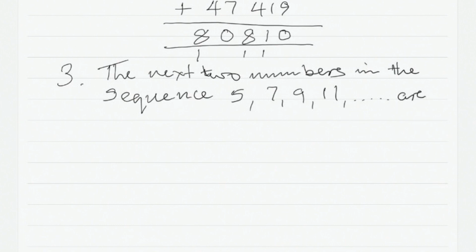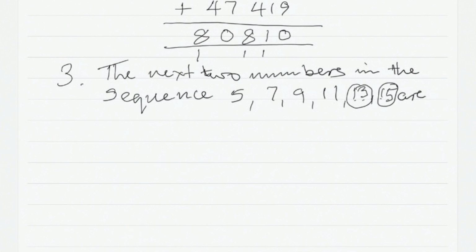So here we are going to say 5 plus 2, it gives us 7. 7 plus 2, it gives us 9. 9 plus 2, it gives us 11. 11 plus 2, it is going to give us 13. 13 plus 2, it is going to give us 15. Meaning that our two numbers that are required here are D, which is 13, and 15, as indicated in our answers there.